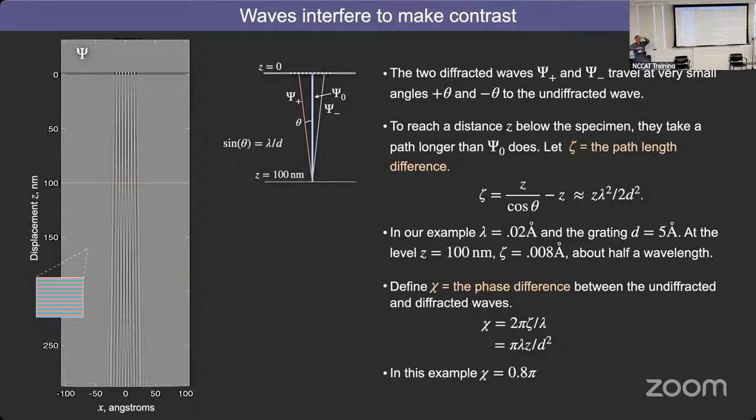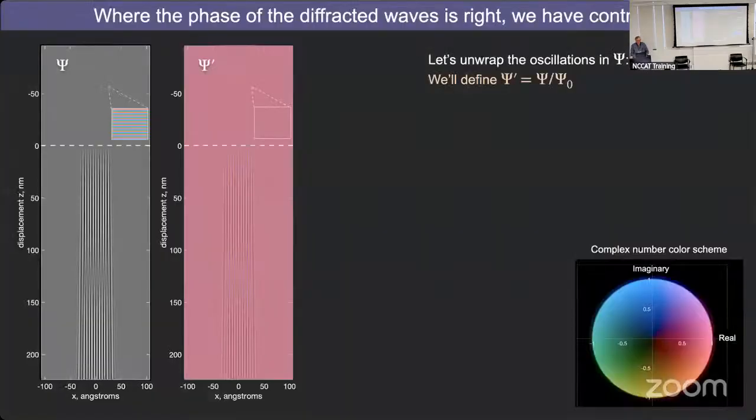So here we are 100 nanometers below the specimen, the 1,000 angstroms, and so 20,000 wavelengths below the specimen, but the phase shift due to this tiny angle is only like half a wavelength. So where the diffracted waves have the right phase, we have contrast.